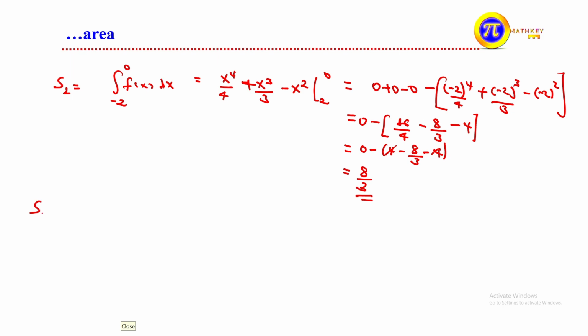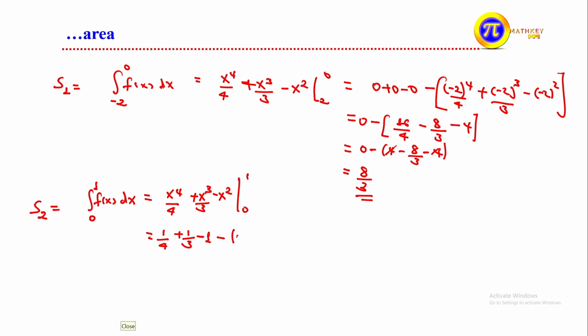Similarly, let's find S2. S2 is the integral from 0 to 1 of f of x dx, which, as we did before, is x to the power of 4 over 4 plus x to the power of 3 over 3 minus x squared between 0 and 1. This equals 1 over 4 plus 1 over 3 minus 1, minus the whole expression at 0, which is 0 plus 0 minus 0.